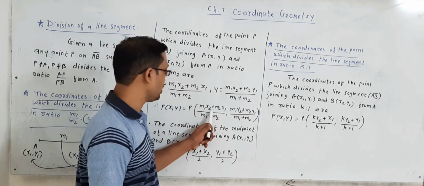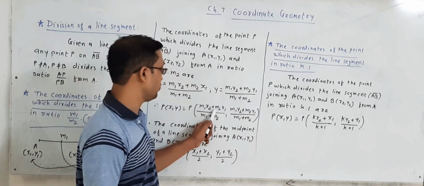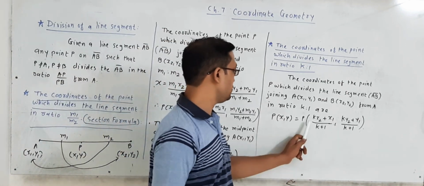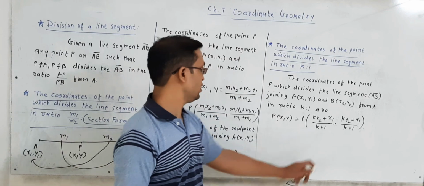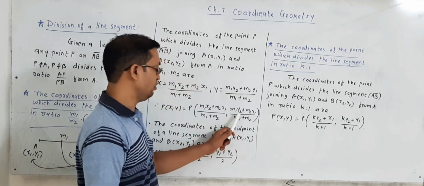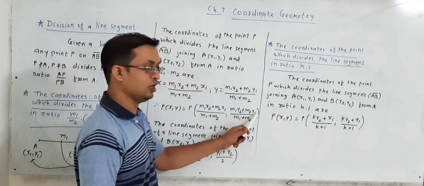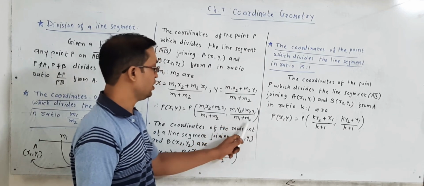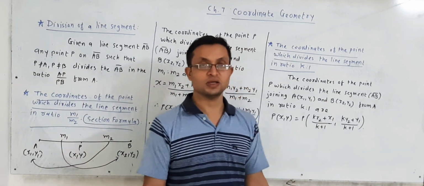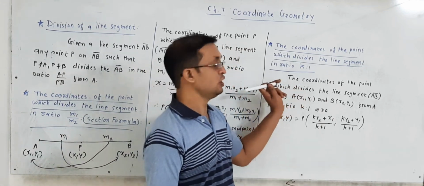So k into x2 is kx2, plus 1 into x1 is x1. Therefore P is ((k x2 + x1) divided by (k + 1), (k y2 + y1) divided by (k + 1)). That is the formula, the same formula.